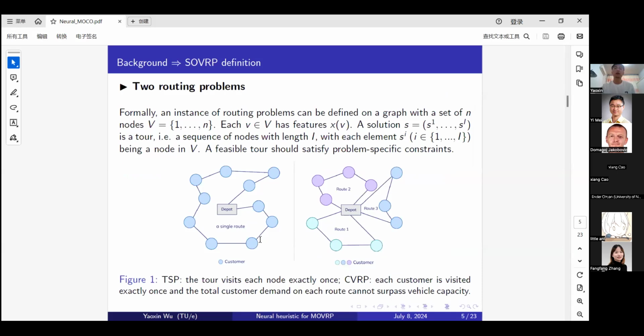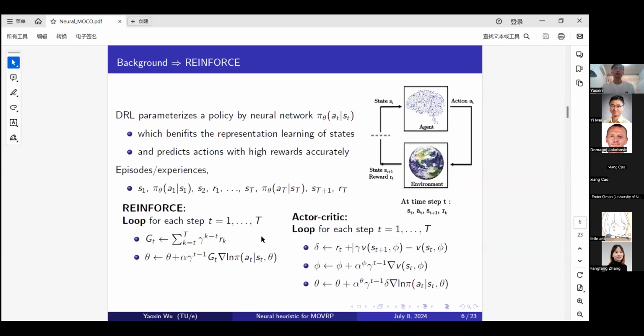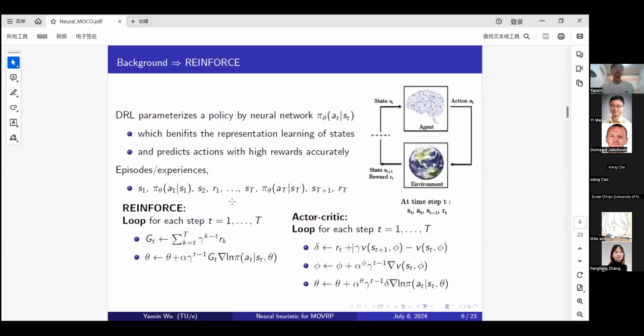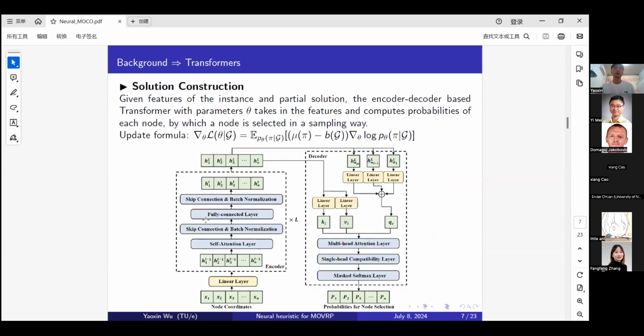So it is a very natural and easy mapping relationship between the reward and the objective function. So now most literature uses this REINFORCE algorithm. And here I give the update formula, which is often used in the literature. It is just a variant of this REINFORCE algorithm.